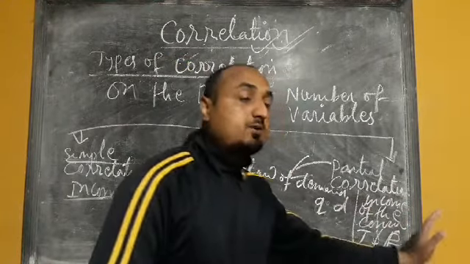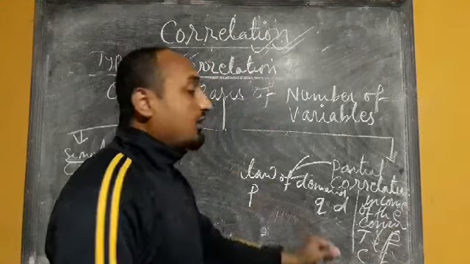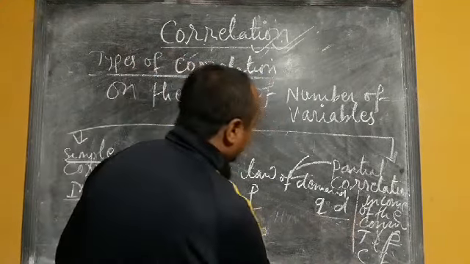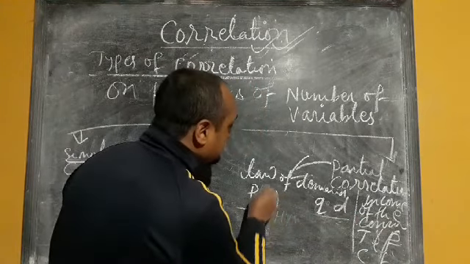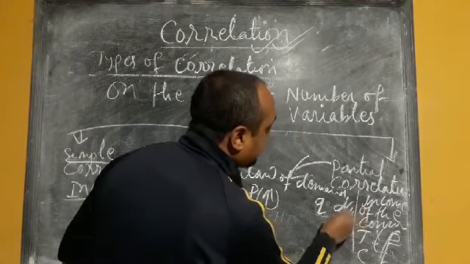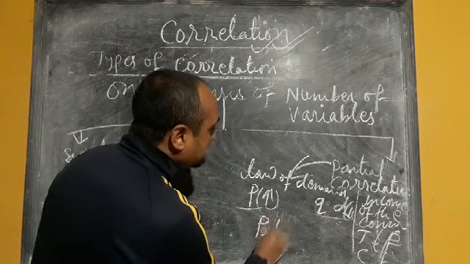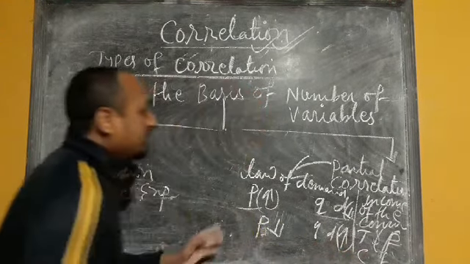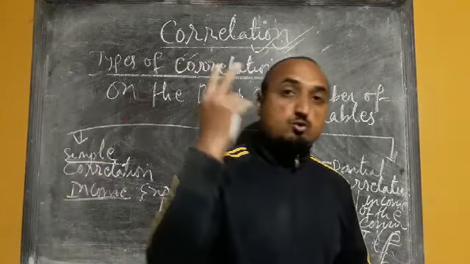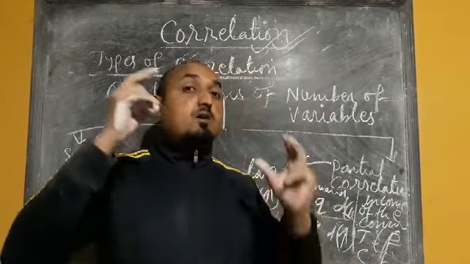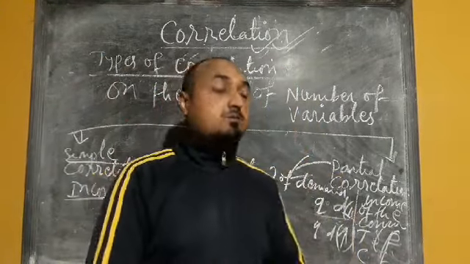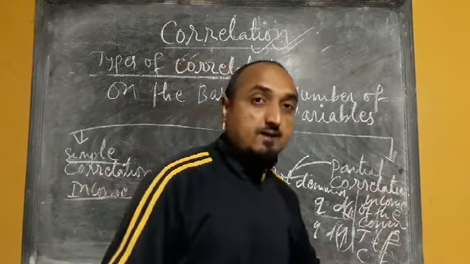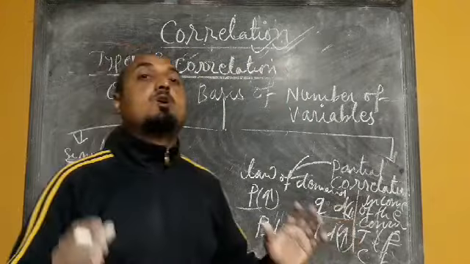These all are constant while explaining the law of demand. So here we only show the relation between price and quantity demanded. That means when price increases, quantity demanded will decrease, and when price decreases, quantity demanded will increase. So here we are showing the relation between two variables, but the impact or the influence of the other variables is kept constant. So that is the case of partial correlation.